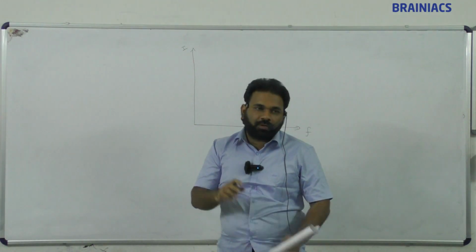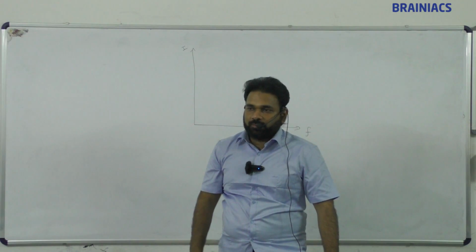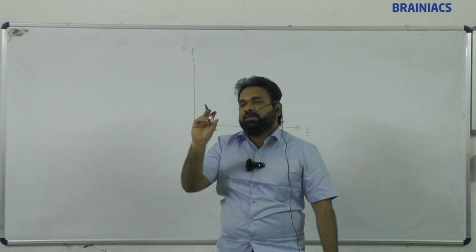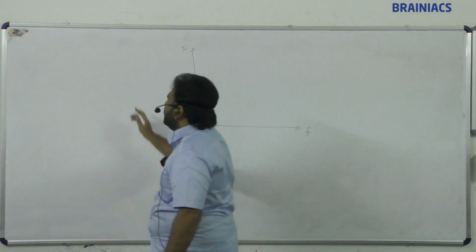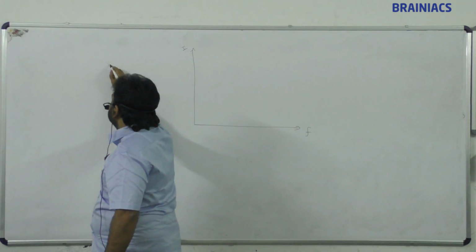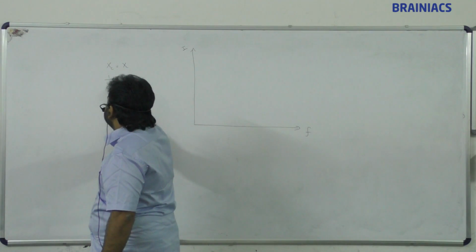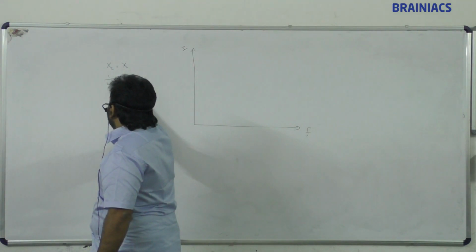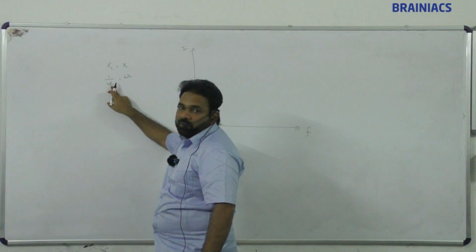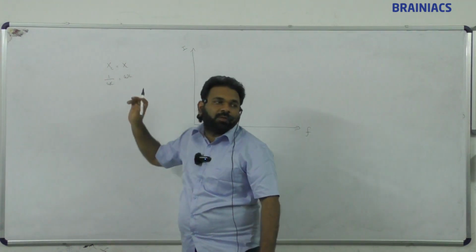In tuning of radios we can change the capacitor values in such a way that XC will become XL, because this is 1 by omega C and this is omega L. Just by changing the value of the capacitor, at one point this will become equal.